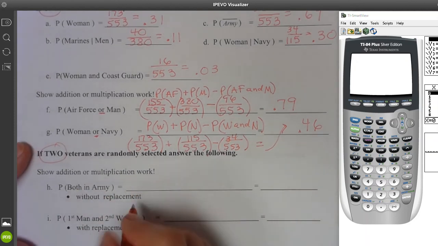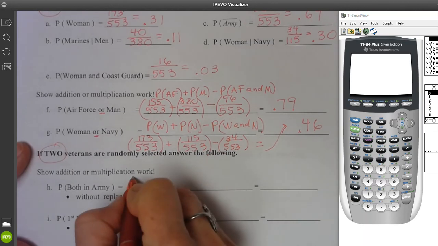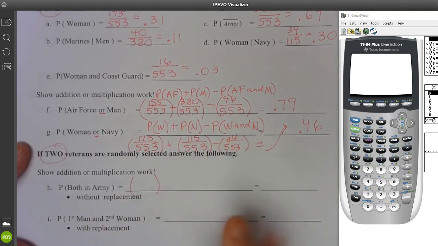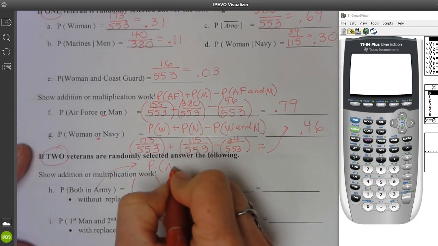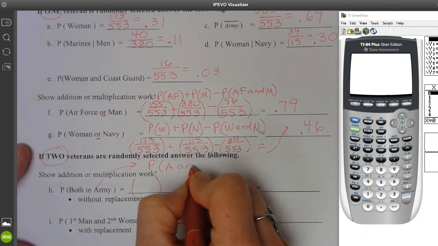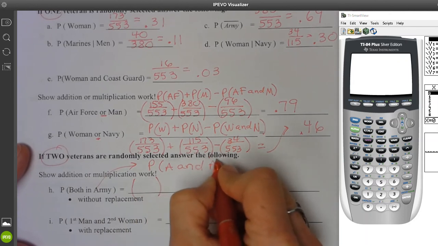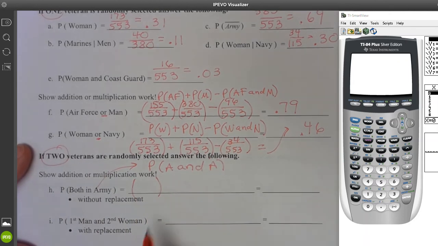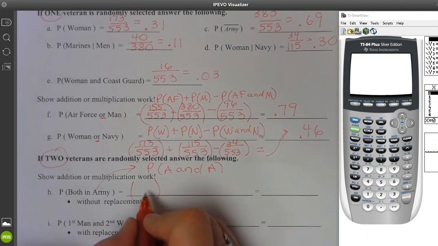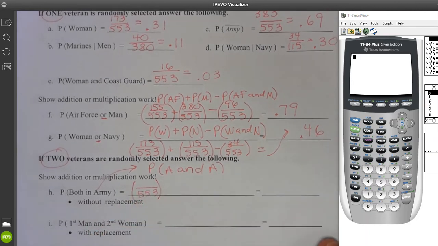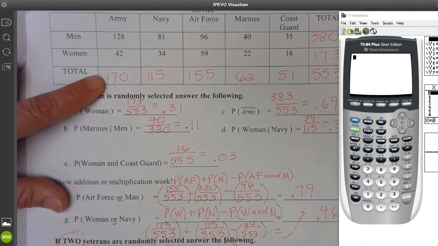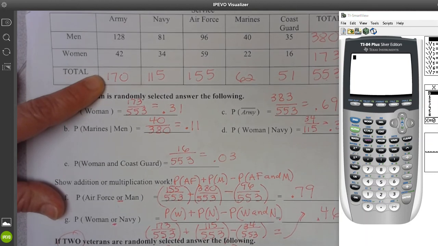So let's see how this is going to work. We're going to multiply those probabilities together. Because think of this as probability of being in the Army and selecting somebody else and being in the Army. So this is an and statement, which means we multiply our probabilities together. So the probability of in the Army, 553, and looking up here in the chart, there's 170 in the Army, times, now this is without replacement.